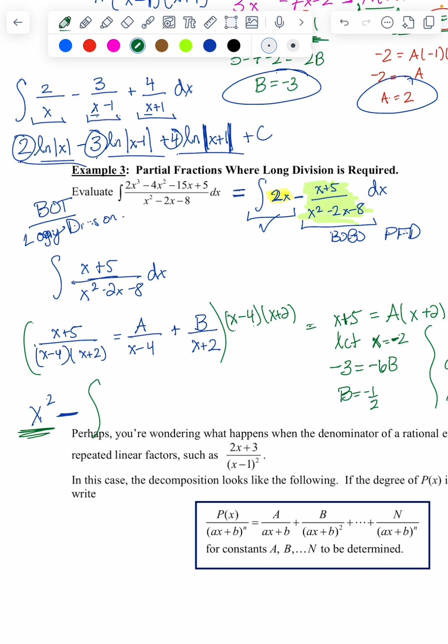I've already integrated that, so I'm done with that, and I got the minus because I ignored it in this problem. So we've got A is 3/2 over x minus 4 plus B, which is 1/2 over x plus 2.